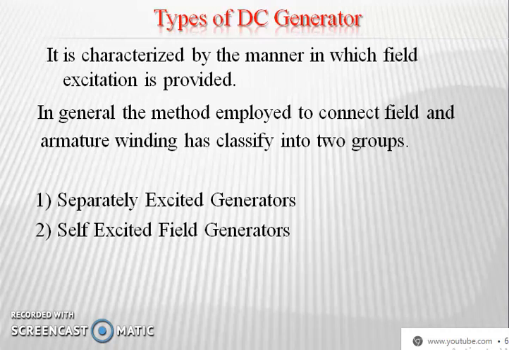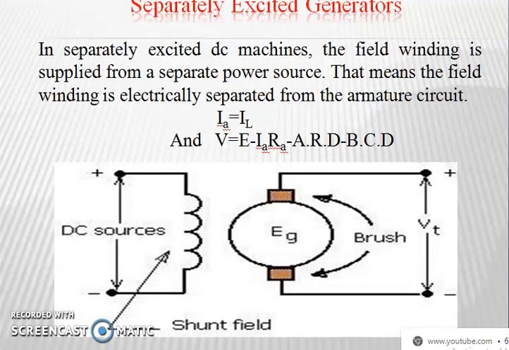Usually the DC generators are classified based on the nature of excitation which is provided to the field windings. So based on this parameter, the DC generator is classified as separately excited DC generator and self-excited DC generator. In case of separately excited DC generator, as shown in the figure, the field winding is supplied from a separate power source.